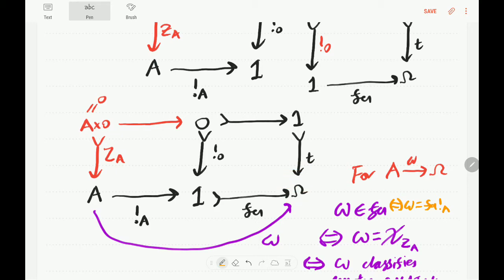And so by the property of the subobject classifier, we know that since the pullback of true along this purple arrow gives ZA, well, that's what we're claiming.